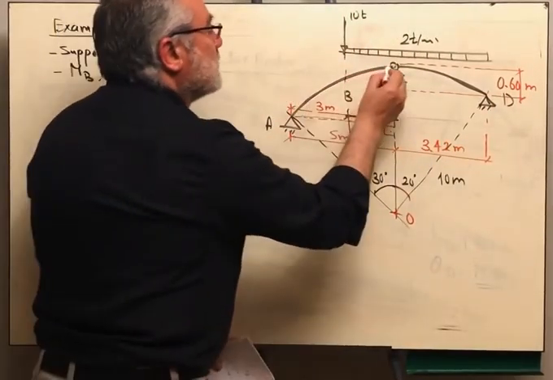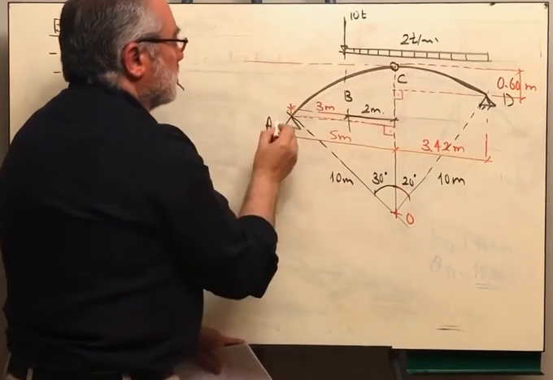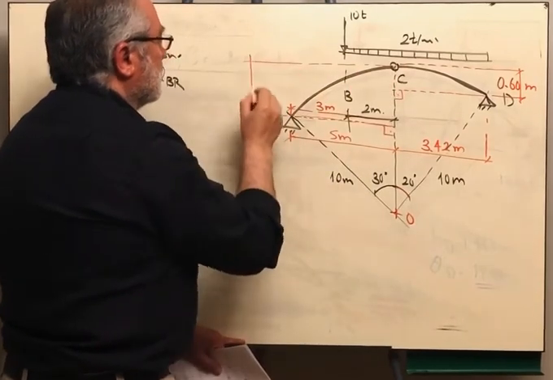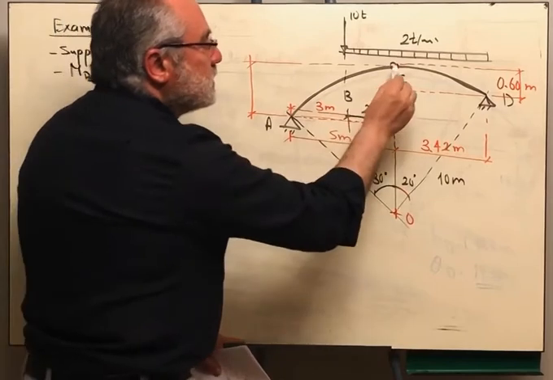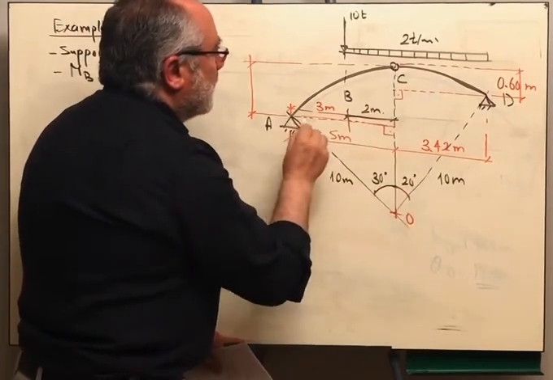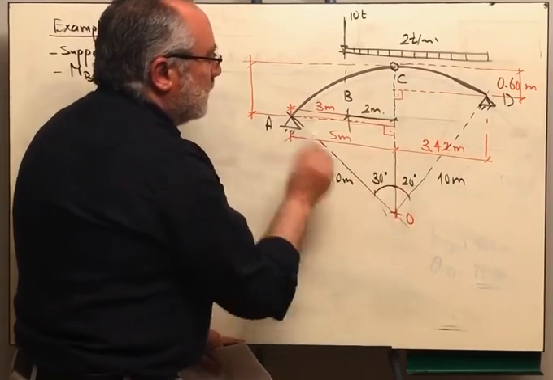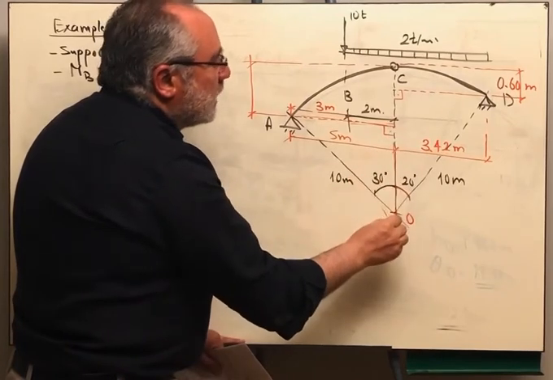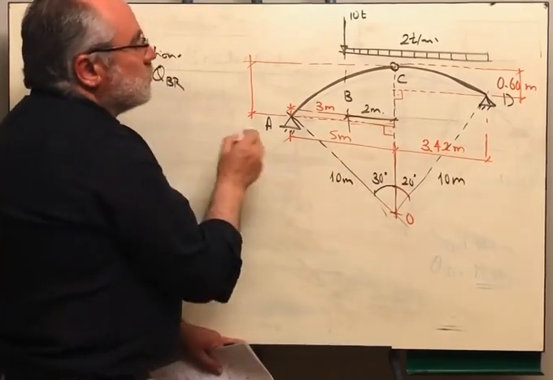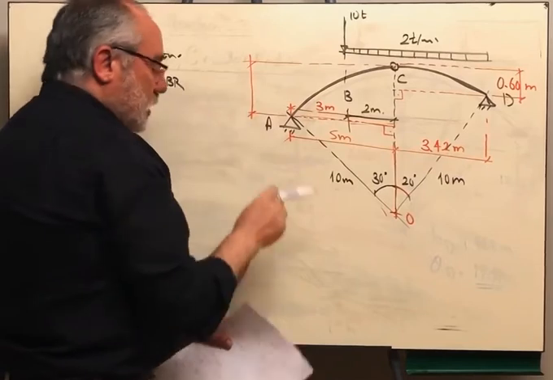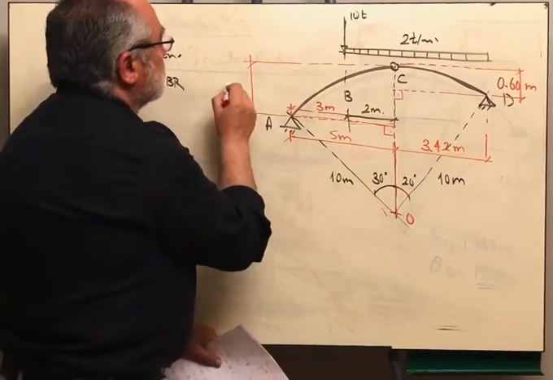Likewise, if you want to get this height, I know that this distance is 10, and from this right angle triangle that this is 10 cosine 30. The difference will be 10 minus 10 cosine 30. It will be 1.34.